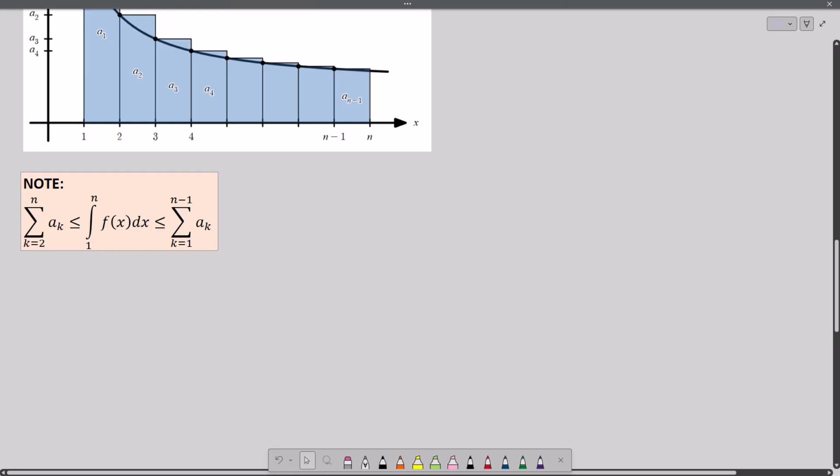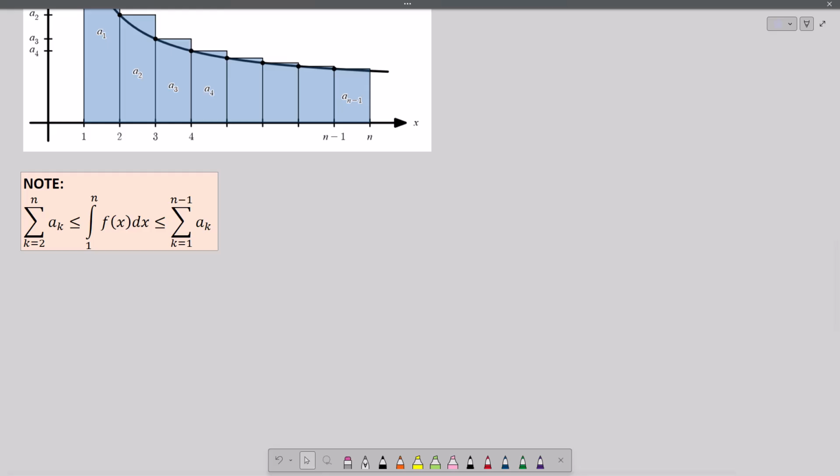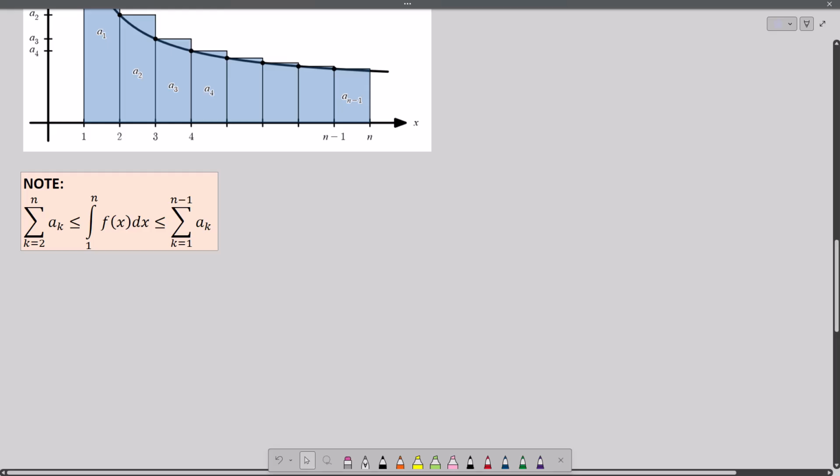The theorem said both diverge or both converge. They do the same thing. So if we look at this, if this integral converges as n goes to infinity, this infinite series is smaller than converging, so it must also converge.